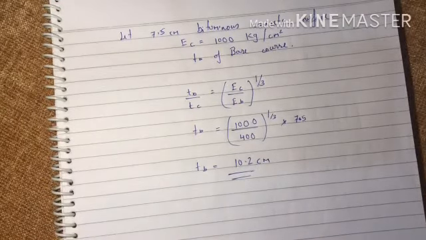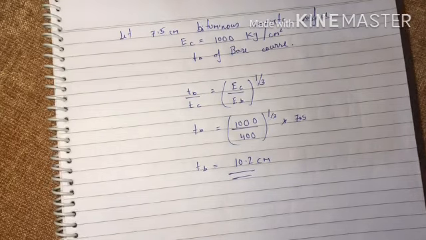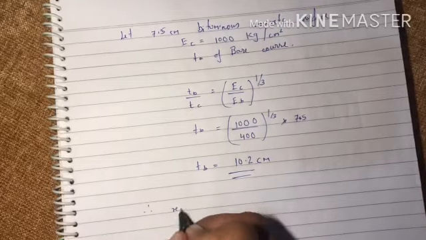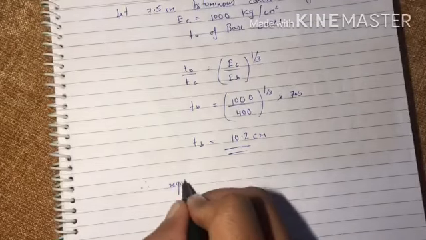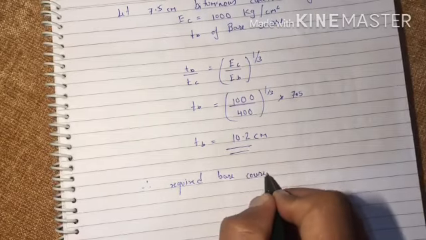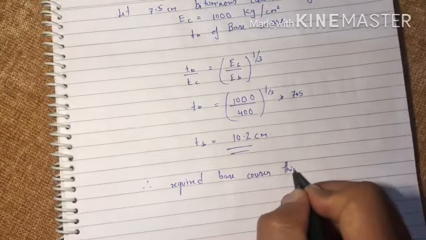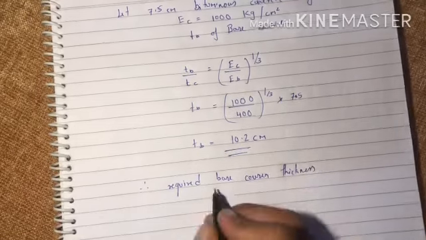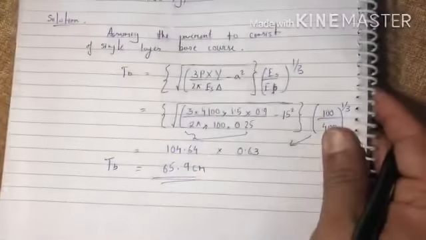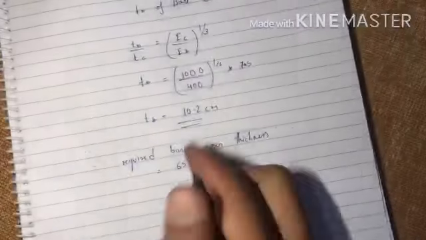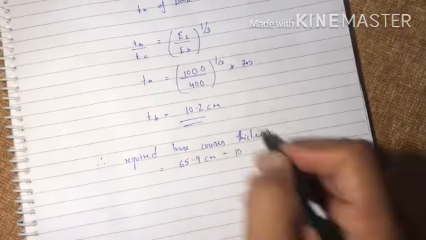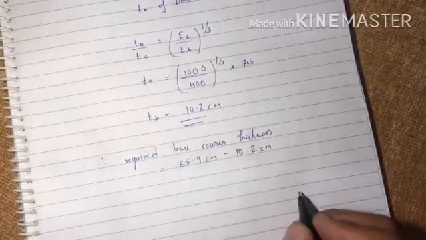Now the required base course thickness will be, therefore, 65.9 centimeter minus 10.2 centimeter.